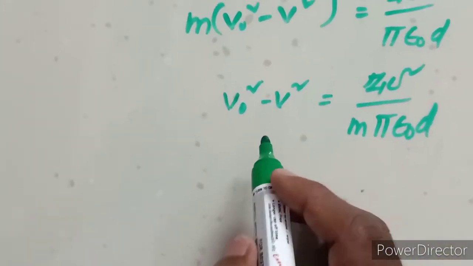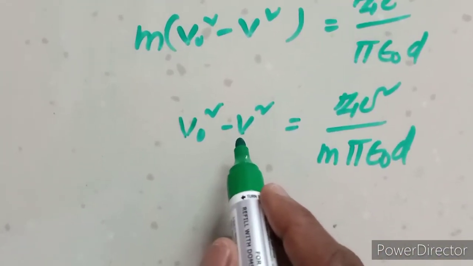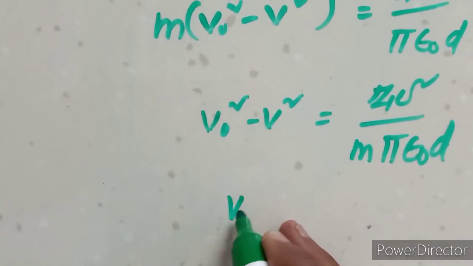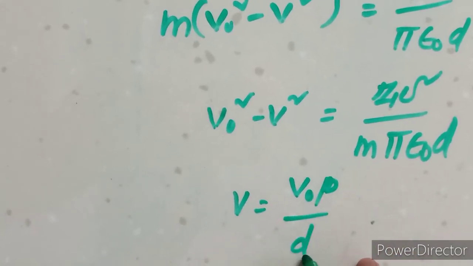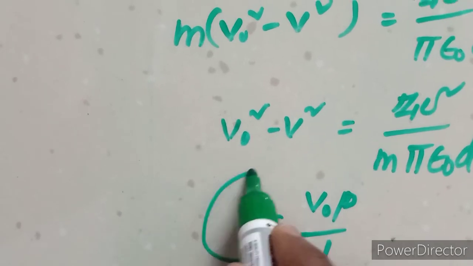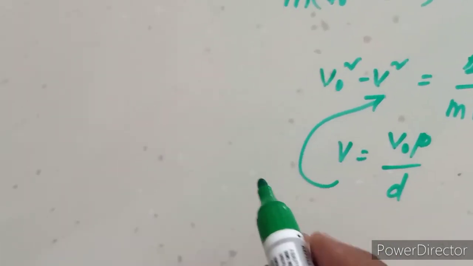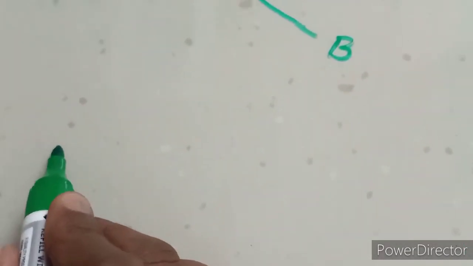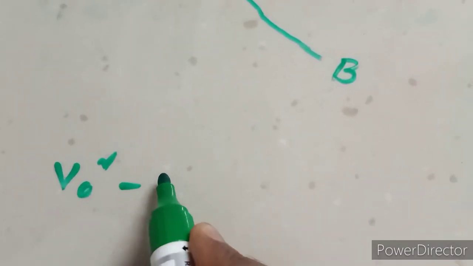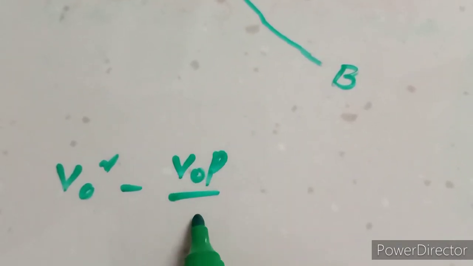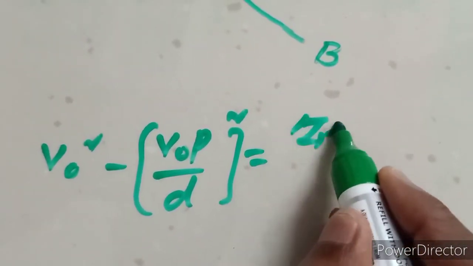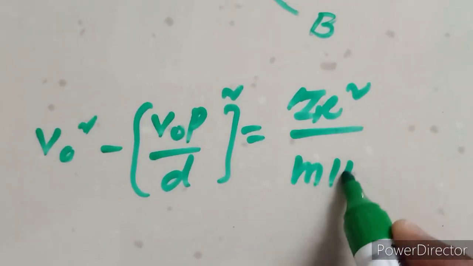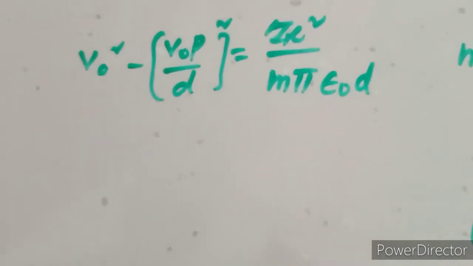But we know that the final velocity v equals v naught p upon d. So this value is substituted in this equation. Then v naught square minus v naught p upon d whole square equals Ze square upon m pi epsilon naught d.